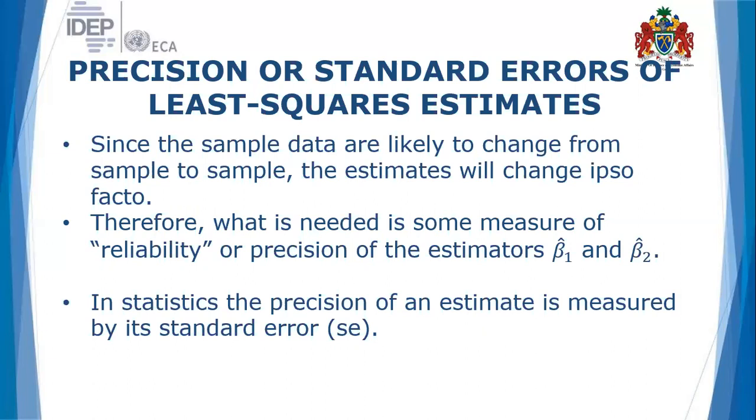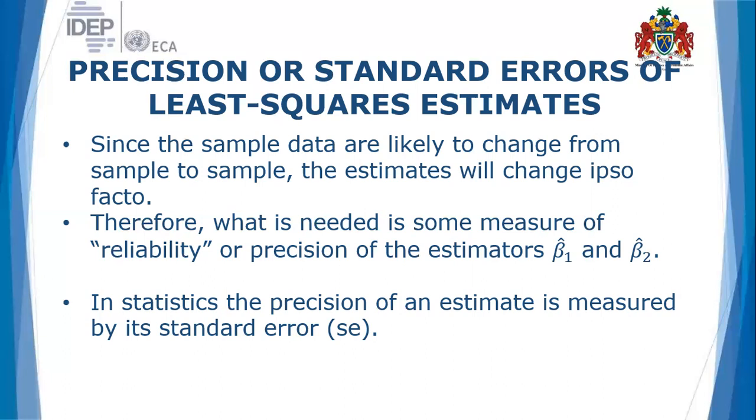Since the sample data are likely to change from sample to sample, the estimates will also change ipso facto, that means from sample to sample as well. Therefore, what is needed is some measure of reliability or precision of the estimators beta hat 1 and beta hat 2.